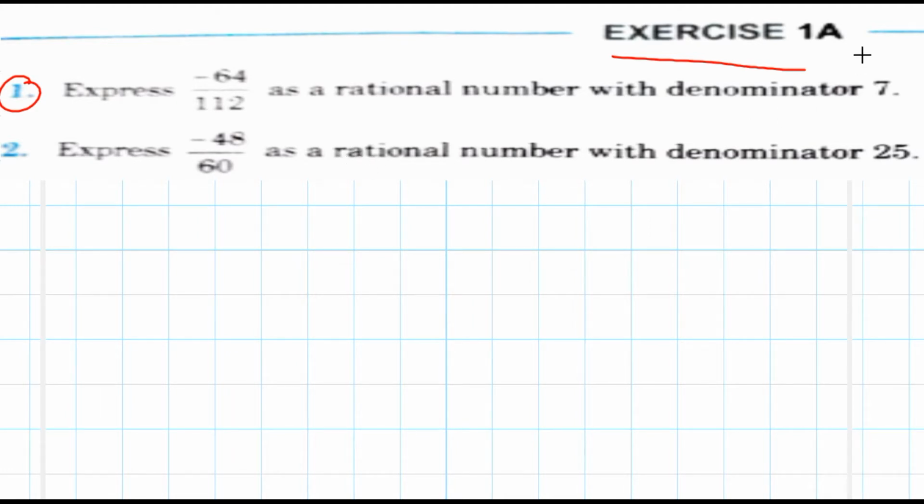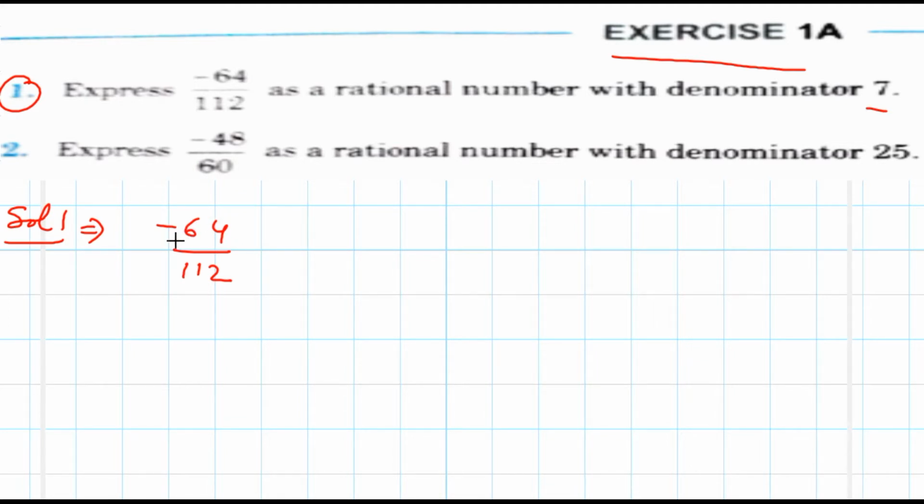Right, students? So here is the solution of question one. To express this as a rational number with denominator 7, we will take this in the simplest form.